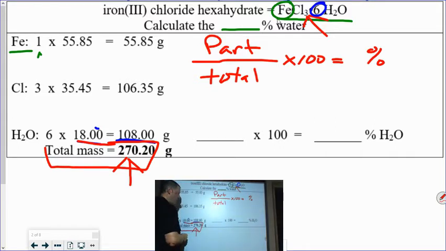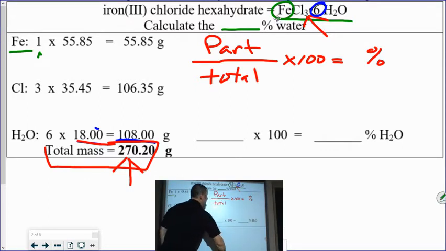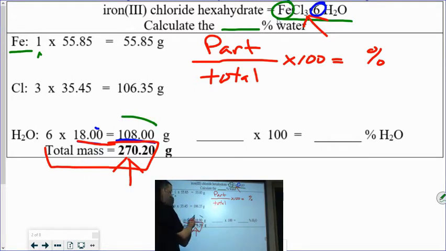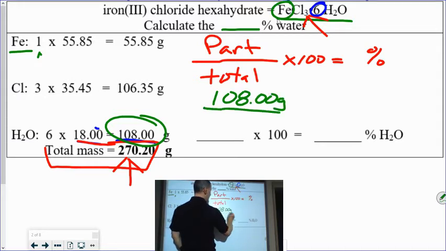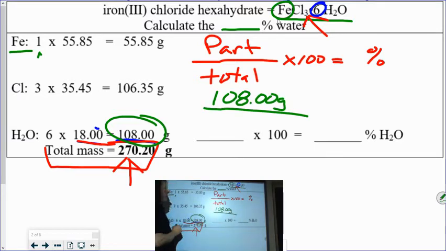In this problem, I want the percent water, so I put the grams of water on top. My grams of water are 108.00. So I put 108.00 grams on top. What's the whole thing? It's not just the iron, it's not just the chlorine, it's not just the water. The whole thing is this 270.20.